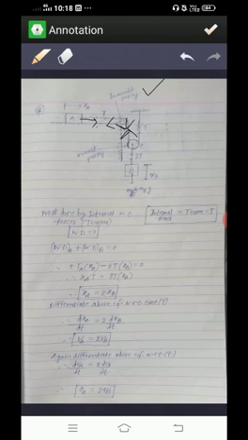Again see here, your second pulley is not frictionless and not immovable, it is movable. So that's why the tension passing from this string to this string is not the same.